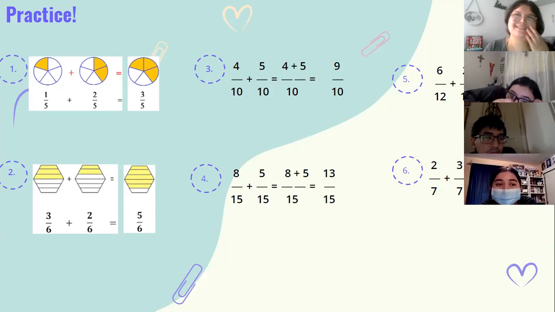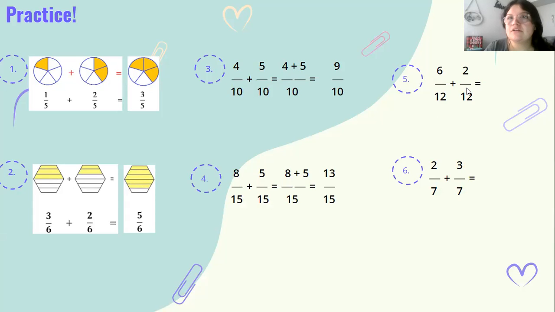Yes, that's correct. All right, and then can you tell me the answer to number 5, 6/12 plus 2/12? 8/12. Perfect. It is 8/12.